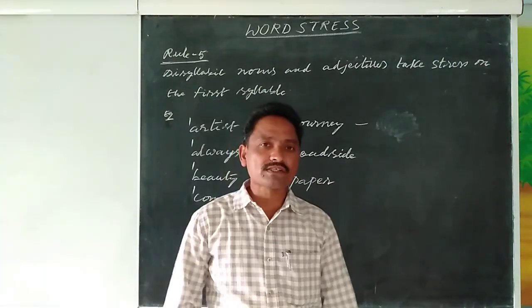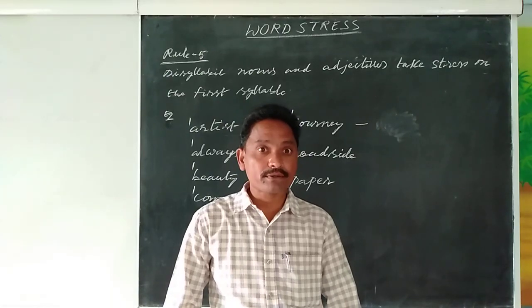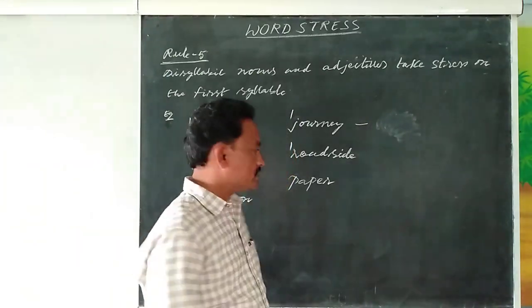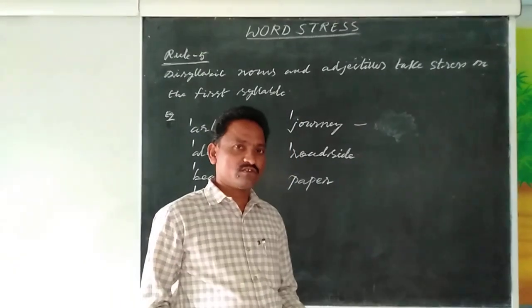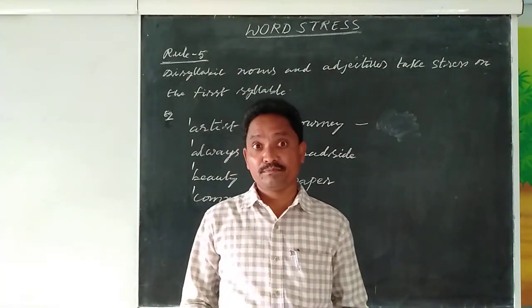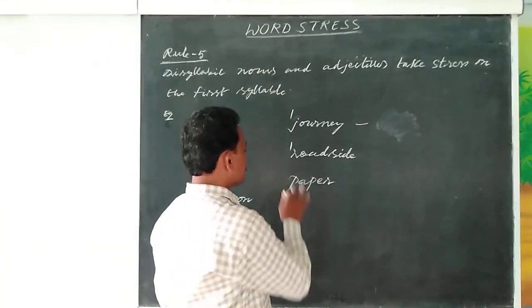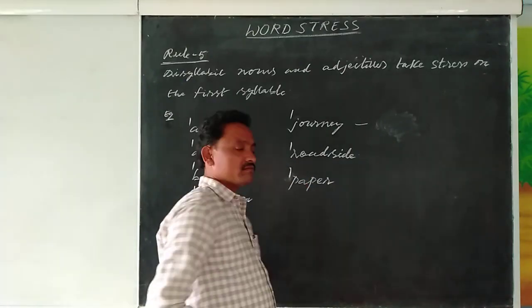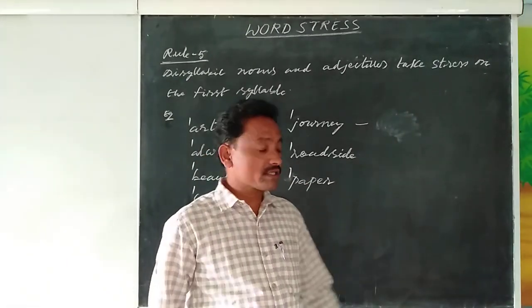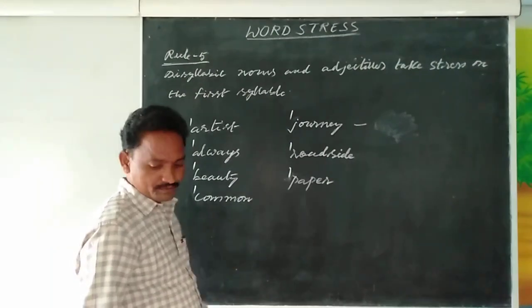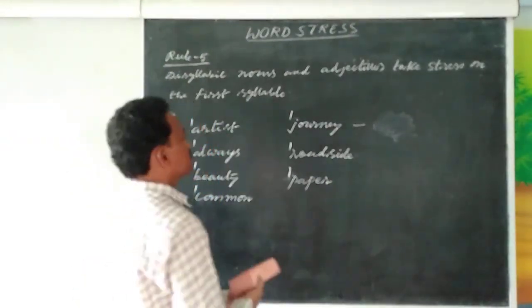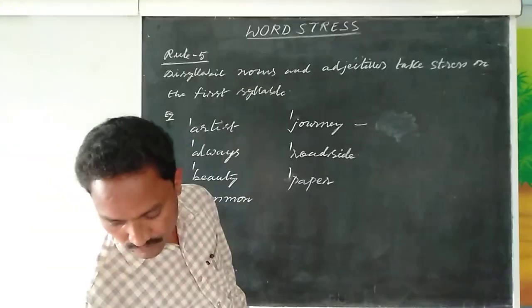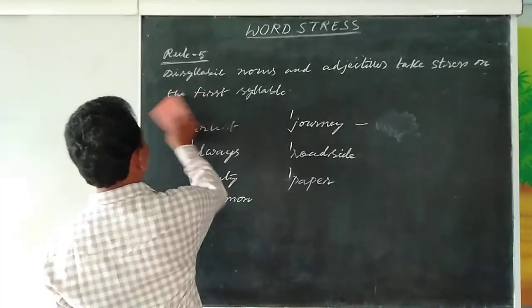Because in Telugu we can say paper, paper. No, in English it is pronounced paper. Two syllables. The first syllable is prominent. Stress is on first syllable. Paper. So this is fifth rule. Now let's discuss another rule.